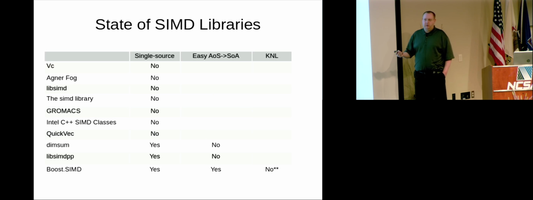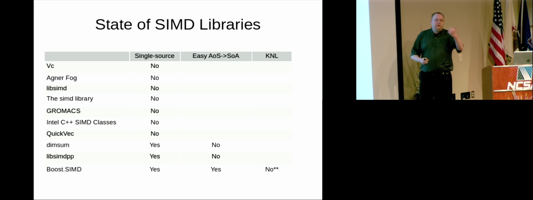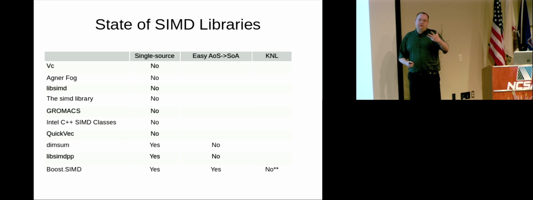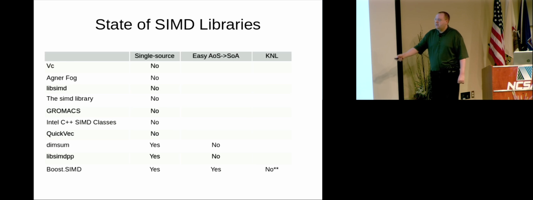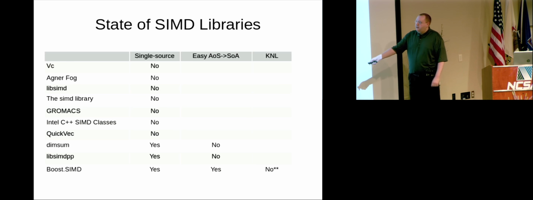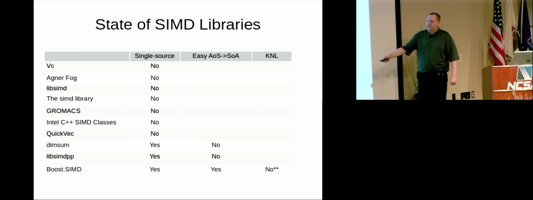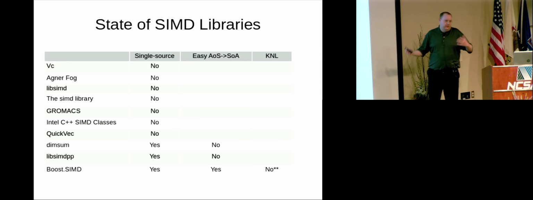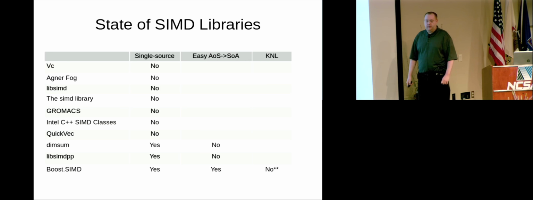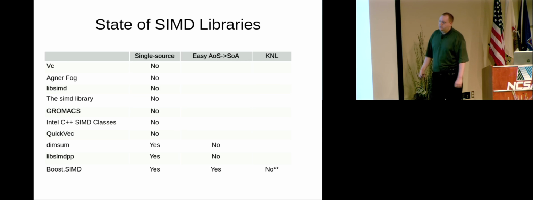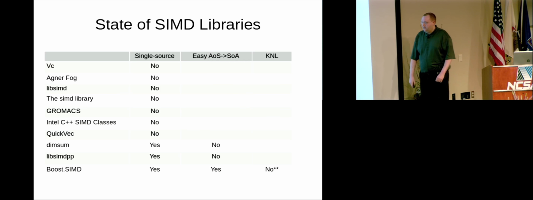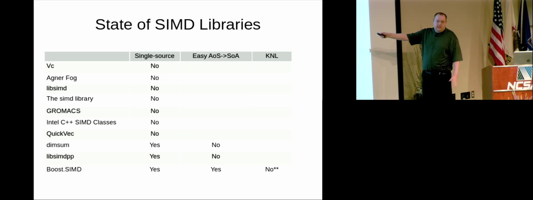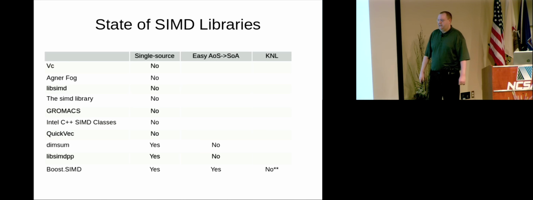All of the types have whether it's an integer, a float, or a double, and whether it's 8, 16, or 64 bytes, right there in the name. So there's no way to make generic code using that. Dim sum does actually have single source support. This is a prototype implementation for a possible upcoming proposal for the C++ standard to include SIMD support. However, it does not have easy AOS SOA formatting, which is necessary for our stuff, and also doesn't have KNL support.